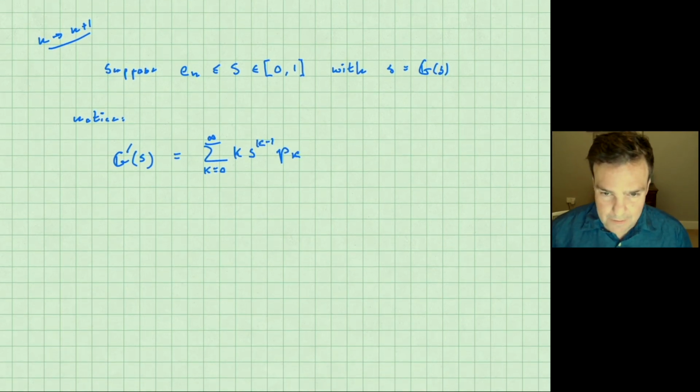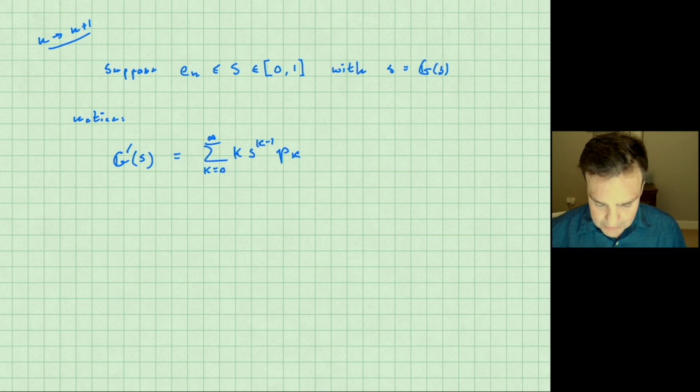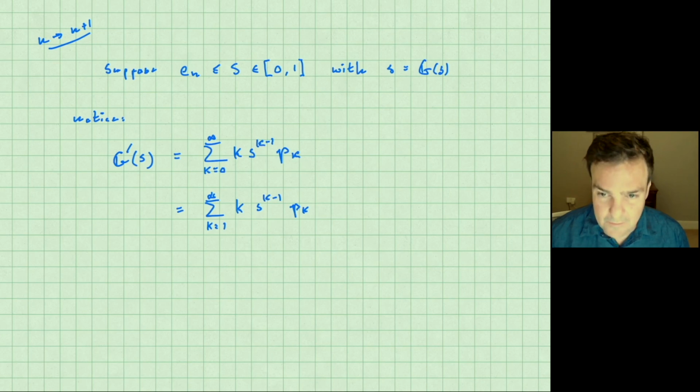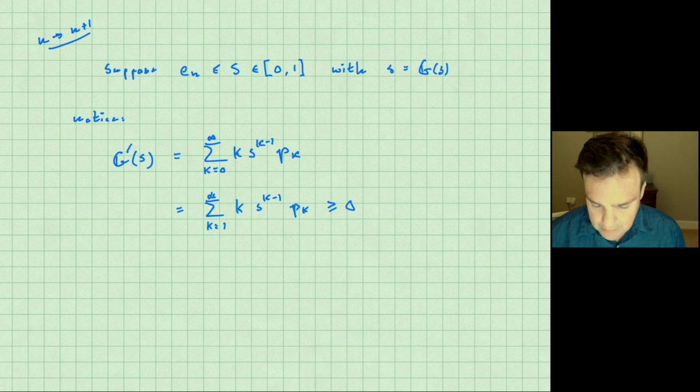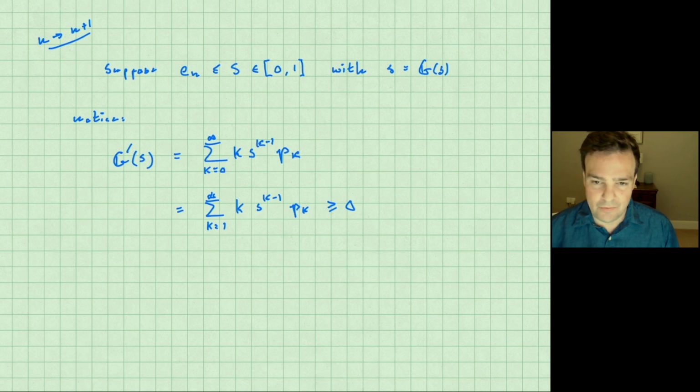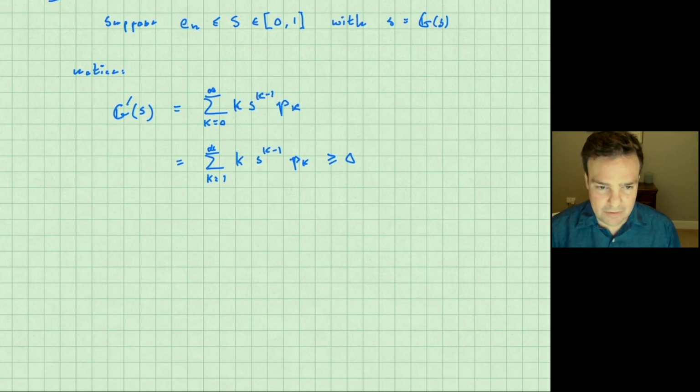The first term is never going to contribute, because k equals 0 will annihilate that term. So this is actually the same thing as the sum from k equals 1 to infinity of k times s to the k minus 1 times p sub k. And that has to be positive, by the condition we assumed at the start that branching is possible. So one of those p sub k's has to be positive.